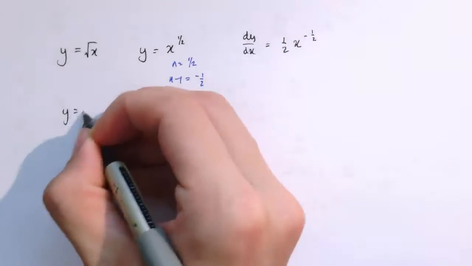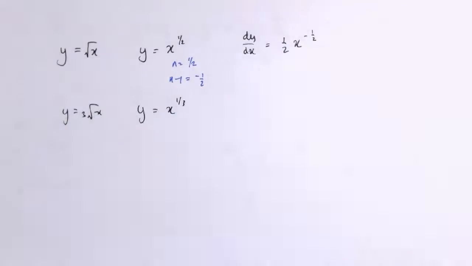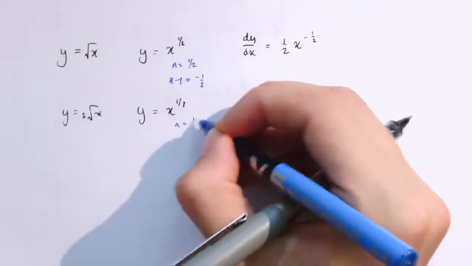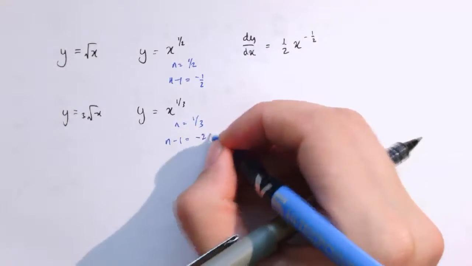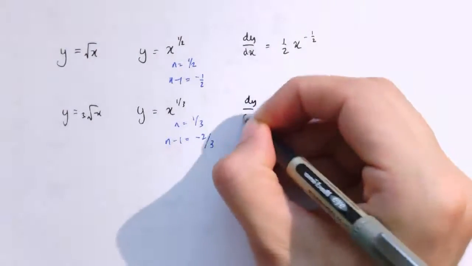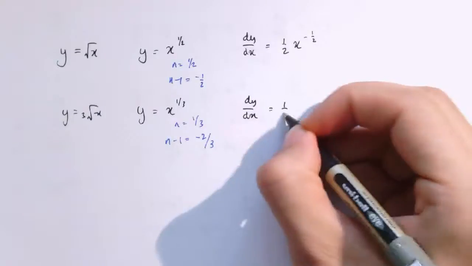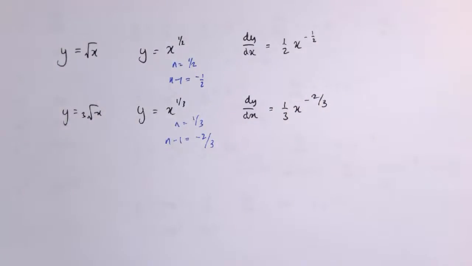If you wanted to do the cube root of x, that would be y equals x to the 1/3. So we've got n equals 1/3, and 1/3 minus 1 is minus 2/3. So that gives us dy by dx is equal to 1/3 x to the minus 2/3. And again, we could multiply these by constants and add them together.